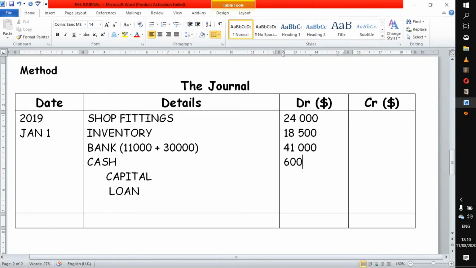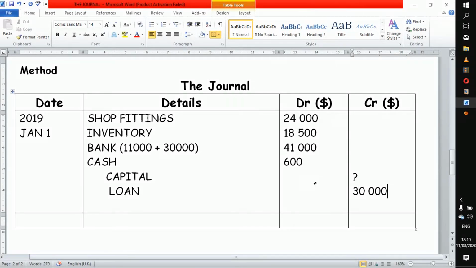So these were the assets that were available on that day. Let's go on to look at how much was the capital for this. We don't know, but we know that Rodent also got a loan from the bank. So a loan is a liability to the business.